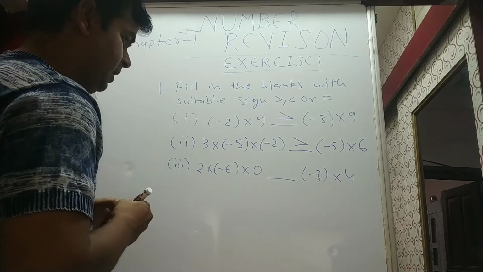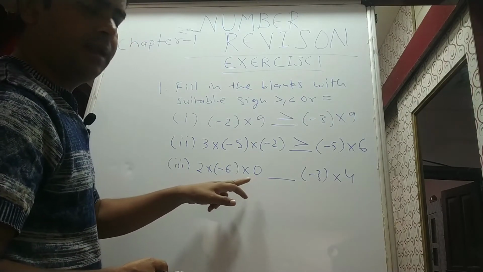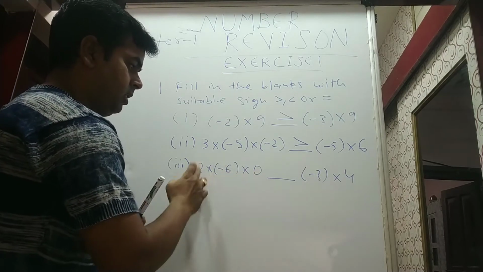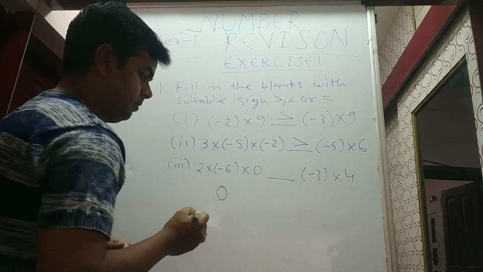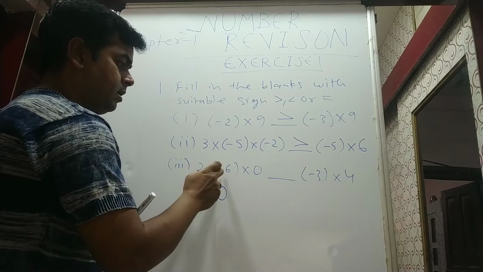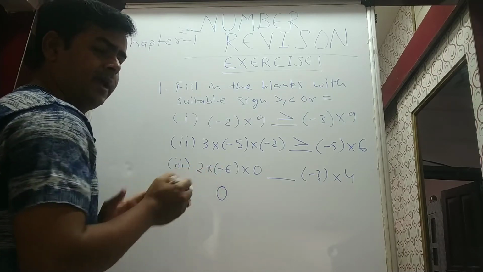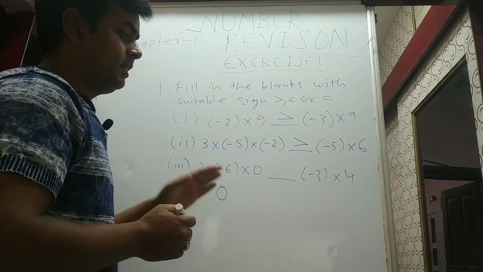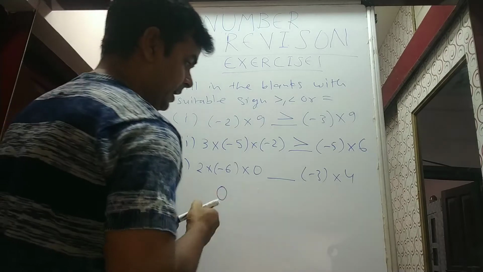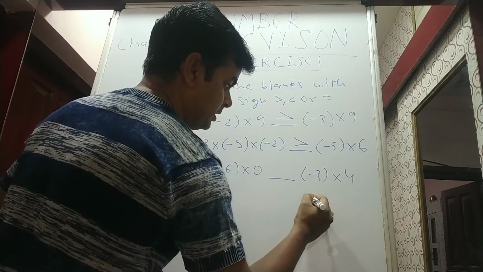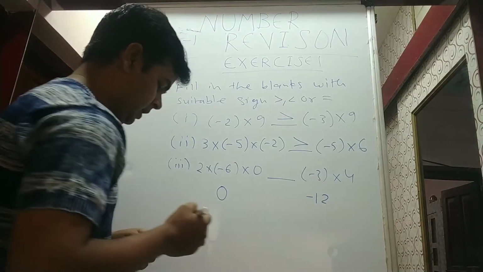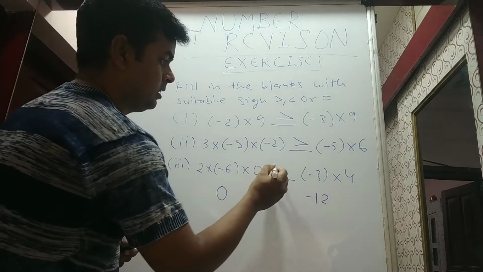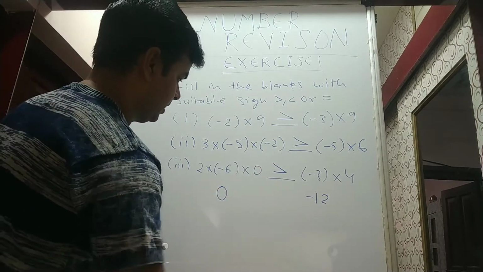If you find a 0 anywhere in a multiplication, because of this 0, the whole product becomes 0, irrespective of whether the other numbers are plus or minus. Means if it is a positive number or a negative number, irrespective of that, if any number is multiplied with 0, that becomes 0. And this is minus into plus is minus. 3 into 4 is 12. So because 0 is greater than minus 12, the sign will be greater than, right?